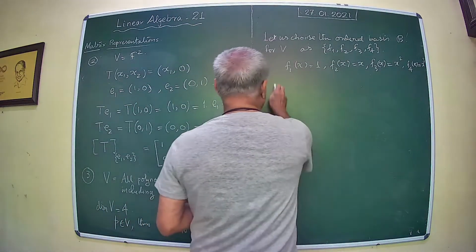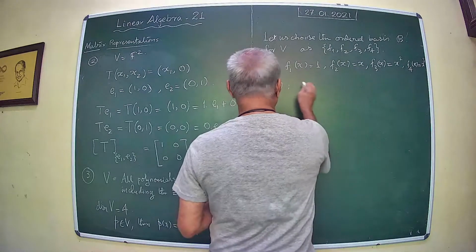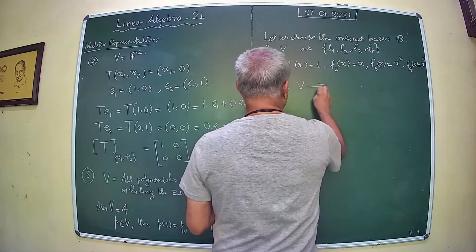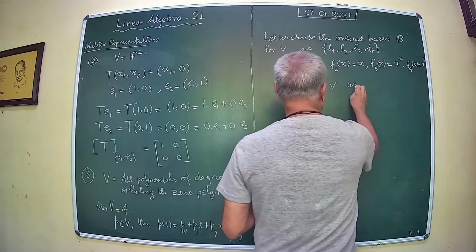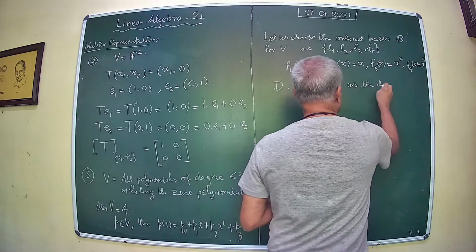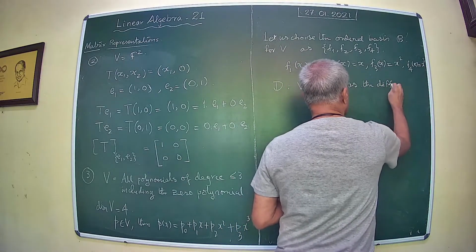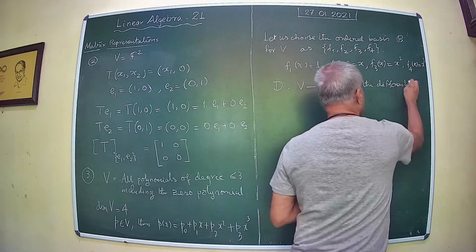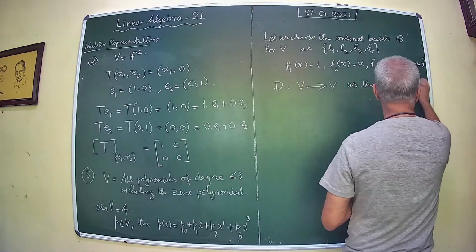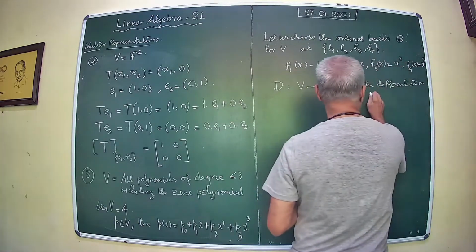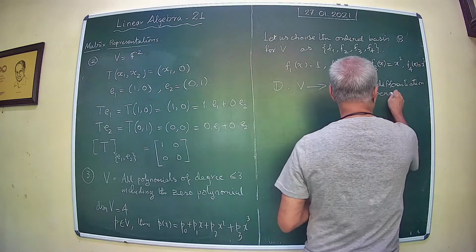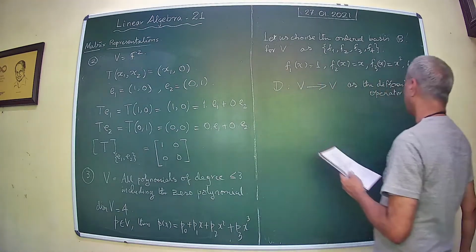So we define the transformation D from V to V as the differentiation operator.